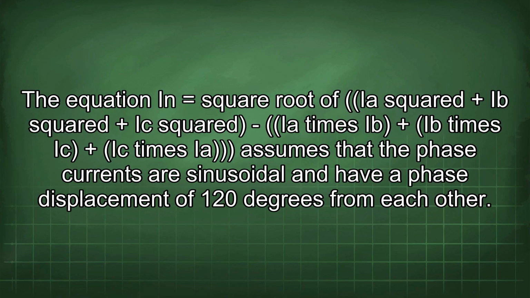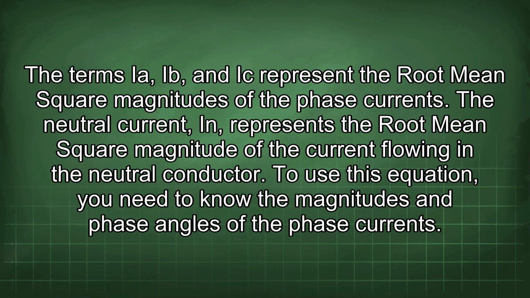The equation assumes that the phase currents are sinusoidal and have a phase displacement of 120 degrees from each other. The terms I_A, I_B, and I_C represent the root mean square magnitudes of the phase currents. The neutral current I_N represents the root mean square magnitude of the current flowing in the neutral conductor.